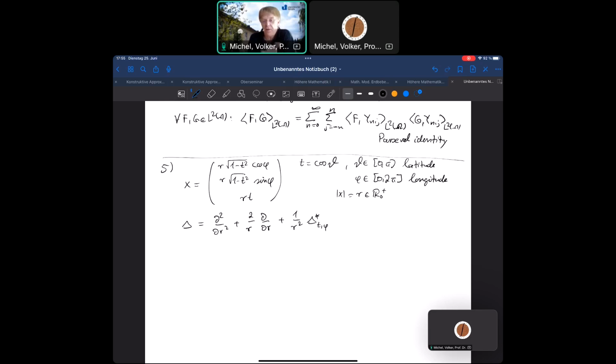I will give you the precise formula soon. At the moment, it's just important to know this acts on the angular variables. So we have a kind of separation. This only acts on the radial variable, so the differentiation only acts there. And this differentiation only acts on the angular variables. And this latter one here, that is called the Beltrami operator. Sometimes it's also called the Laplace-Beltrami operator.